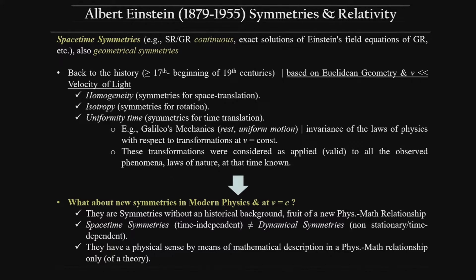And we have the same symmetrical point of view here if we move at c, the speed of light, and the fruit of a new physical mathematical relationship, space-time symmetry, time independent, different from dynamical symmetry, not stationary, time dependent.